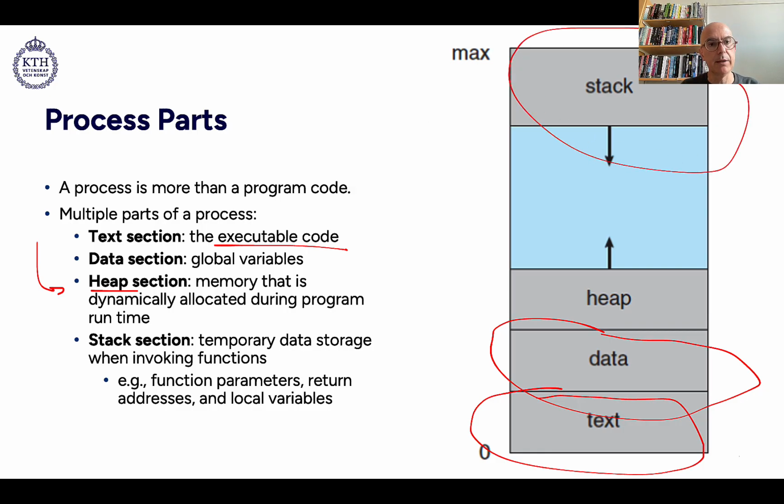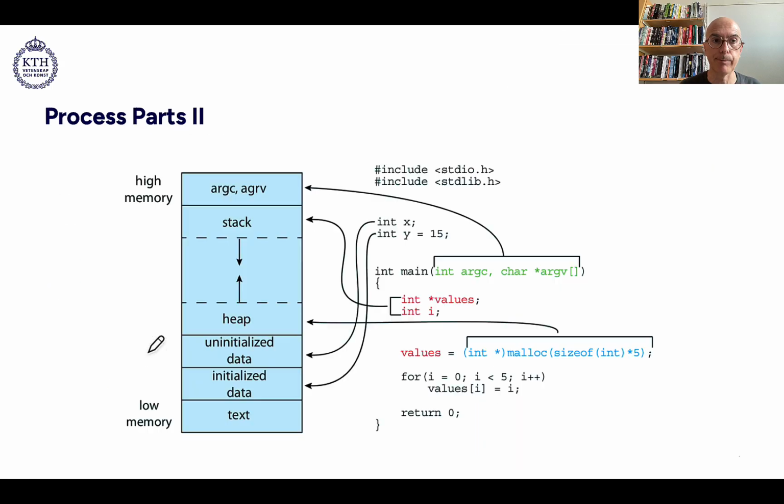So just to summarize, there are different parts that constitute a process: text section with the code, data section with the global variables, and then heap section for dynamically allocated variables, and the stack section for temporary data storage, like function parameters, return addresses, and local variables.